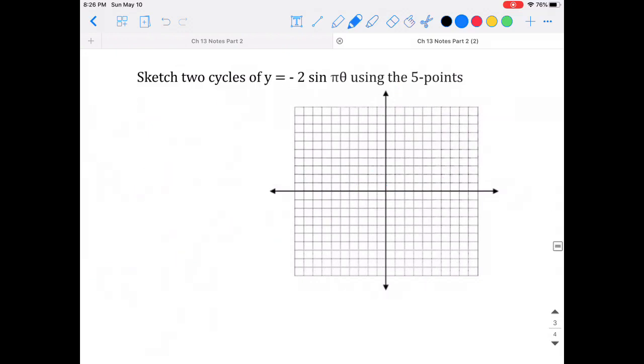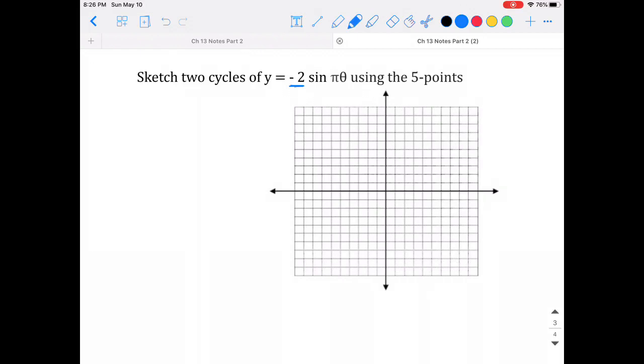Next example, sketch 2 cycles of y equals negative 2 sine pi theta using the 5 points. So you'll notice again in this example, we have negative a, which means that rather than going from 0 to the maximum, we're going from 0 to the minimum for our pattern.